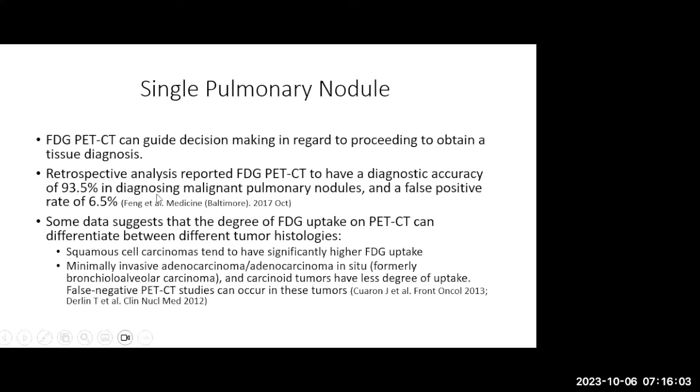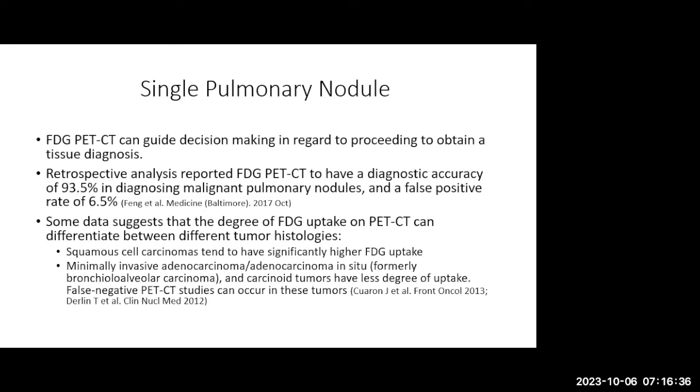I want to highlight this study that reported FDG PET-CT to have a diagnostic accuracy of about 94% in diagnosing malignant pulmonary nodules, with a false positive rate of 6.5%, and I will cover what the main reasons for false positives are. Some data suggests that the degree of FDG uptake in the PET-CT can differentiate between different tumor histologies, and that is a well-known phenomenon.